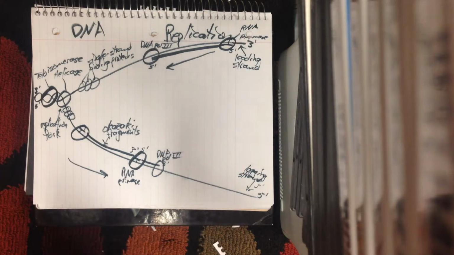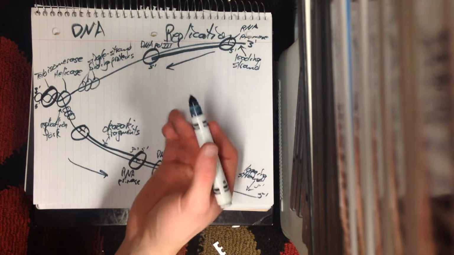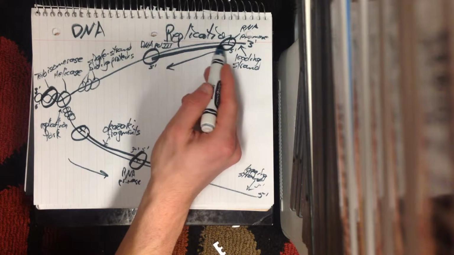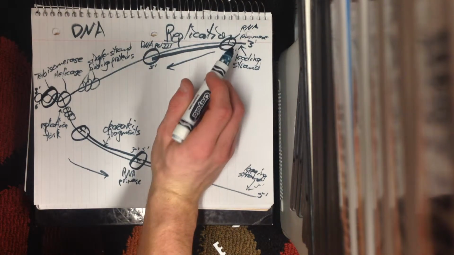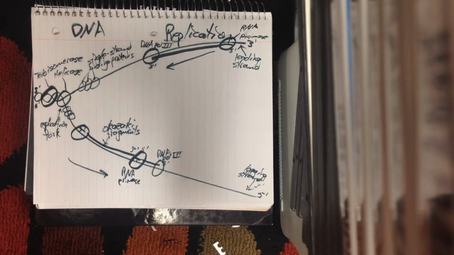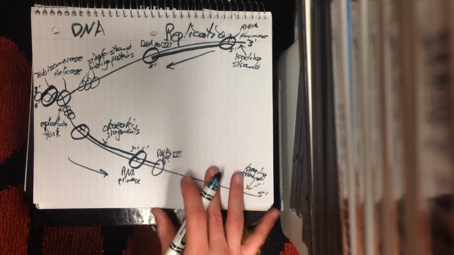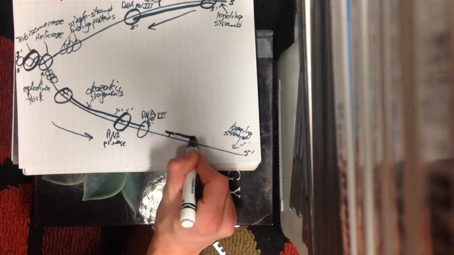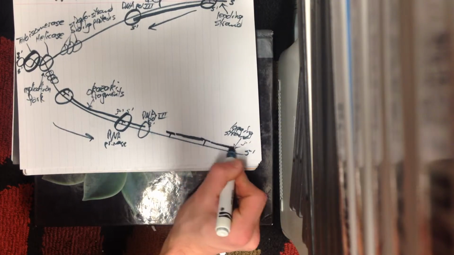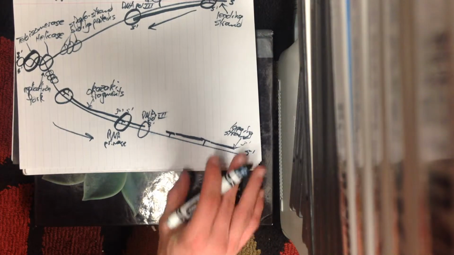The replication happens going in the opposite direction as the replication fork. So now we have a little problem, as I said earlier, is that these are RNA primers, or they are RNA nucleotides because of the RNA primers. So in order for them to be switched out with DNA, you have another enzyme. So let's say we have some more primers, the Okazaki fragment, another primer, some Okazaki fragments, and let's look at this primer.